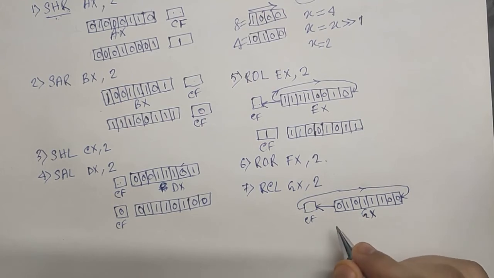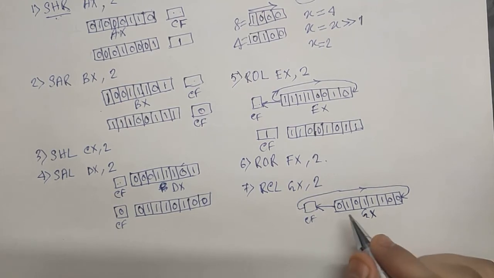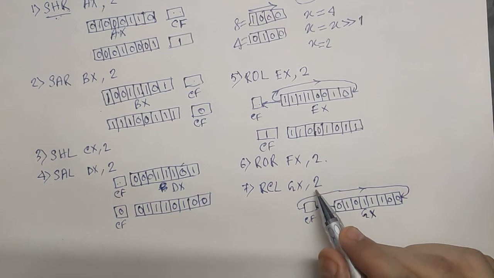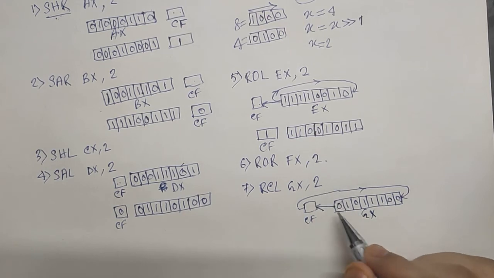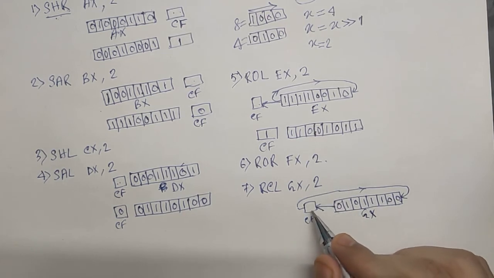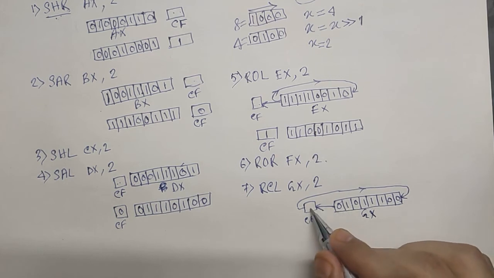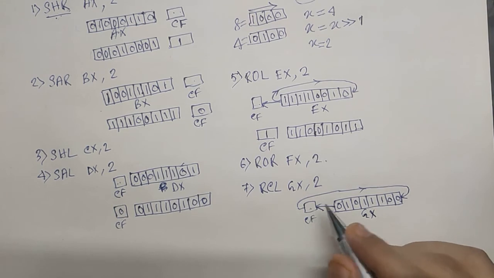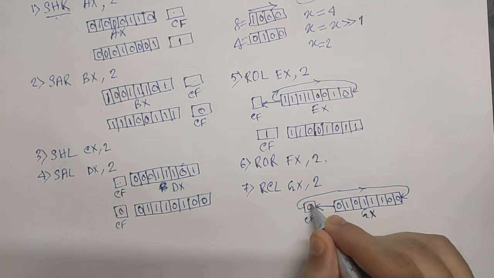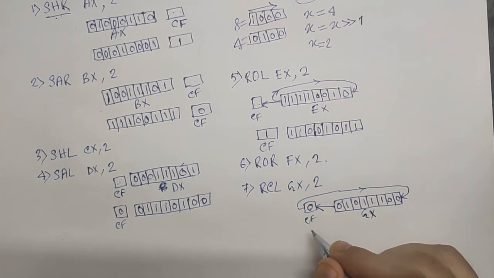So if I perform this operation here again, you can see we need to do this 2 times. Okay, 2 times we need to shift this, but with the help of this carry flag. So at first what will happen, at first this 0 will come here, and then this 1 will come here. Okay, and when this 0 comes here, suppose this carry flag has a 0 by default, because it does not have anything, means it has 0.